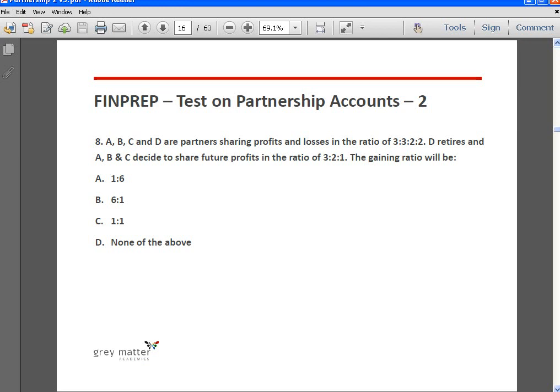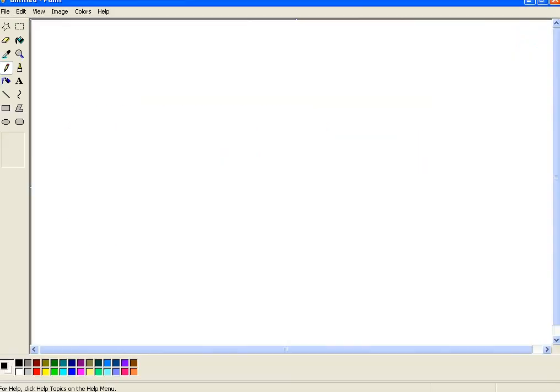Next, A, B, C and D are partners sharing profits and losses in the ratio of 3:3:2:2. D retires and A, B and C decide to share future profits in the ratio of 3:2:1. What will be the gaining ratio? Okay, so let's just work it out.